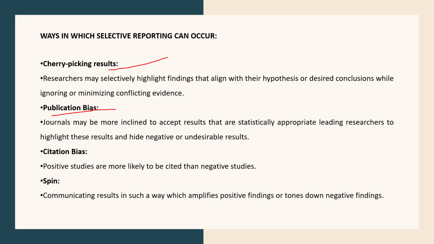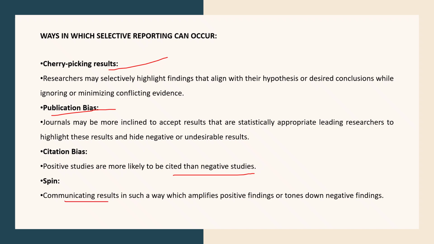Journals may be more inclined to accept results that are statistically significant, leading researchers to highlight these results and hide negative or undesirable results. Citation bias: positive studies are more likely to be cited than negative studies. We are going to cite positive studies, but if you don't cite negative studies, that is also selective reporting.